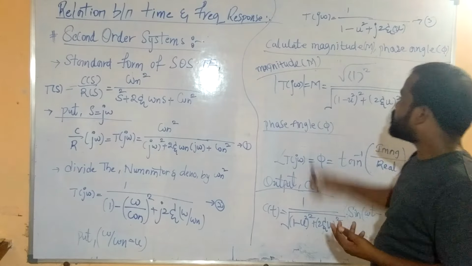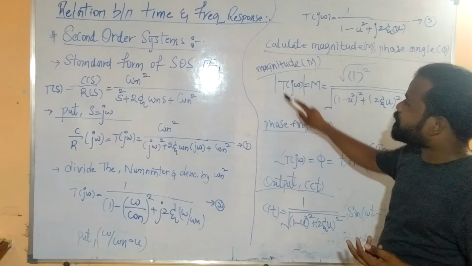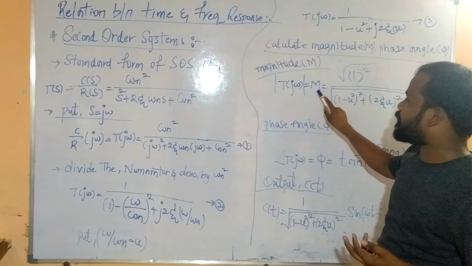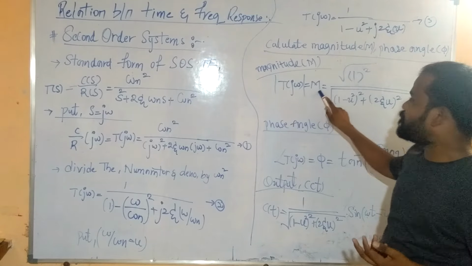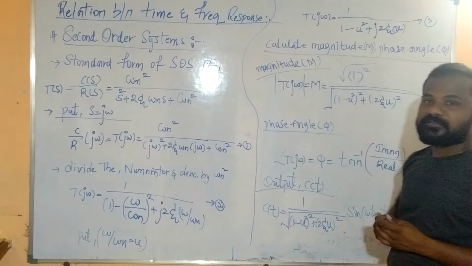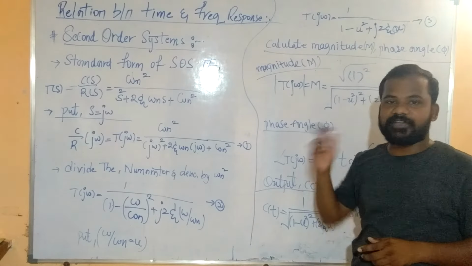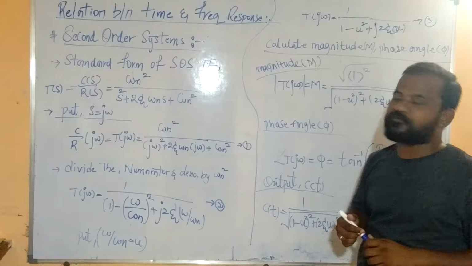Already I discussed in the last video how to calculate the magnitude and the phase angle. Clear? So the magnitude of T of j omega, mod T of j omega, is equal to capital M. To calculate the magnitude, it is root of r square plus x square. We follow the same rule for everything.